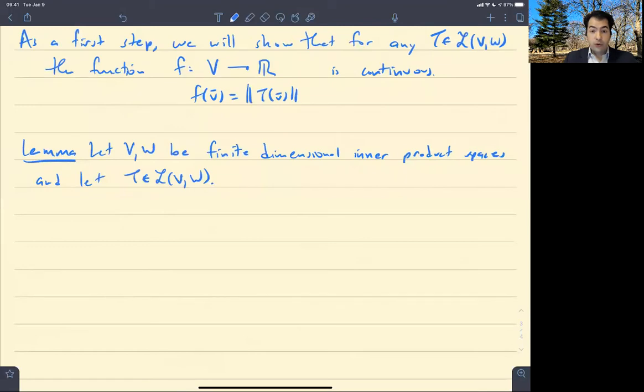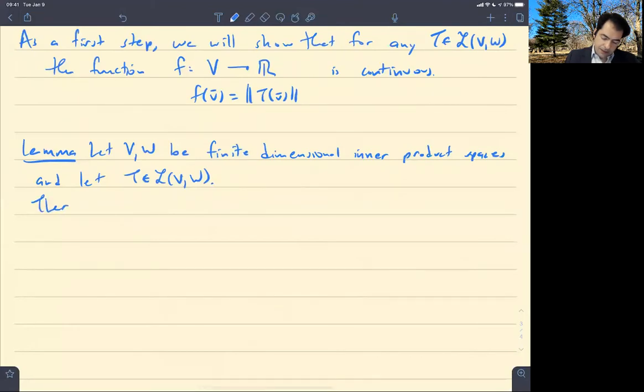There's a lot you can do for infinite dimensional inner product spaces, but that just brings in complications that we're not going to talk about this semester. I highly recommend taking a functional analysis course if you're interested in what happens in infinite dimensions. Okay, but let's say you're working with finite dimensional inner product spaces and you have a linear map.